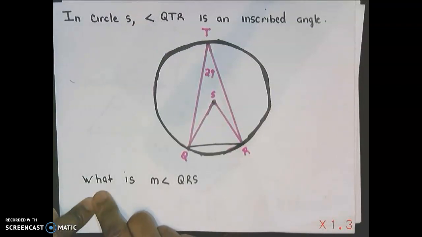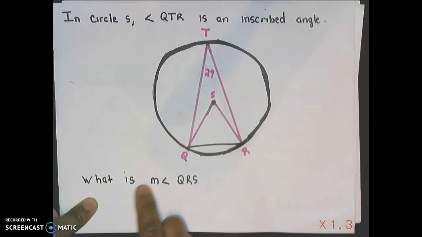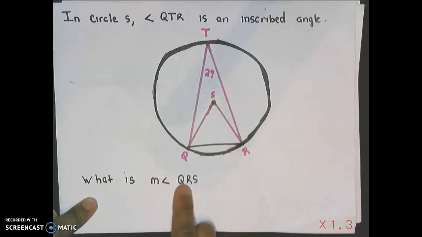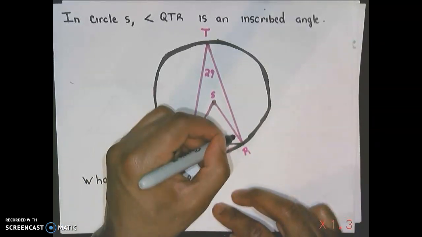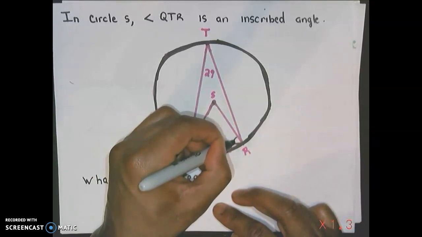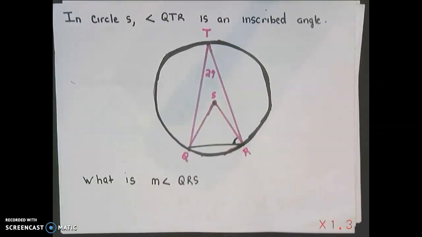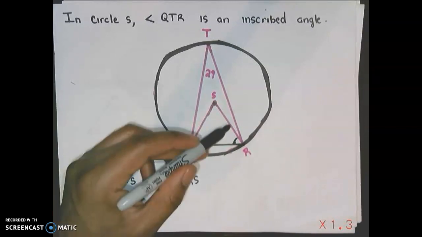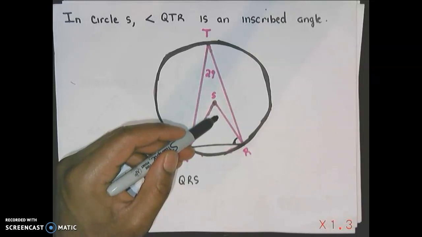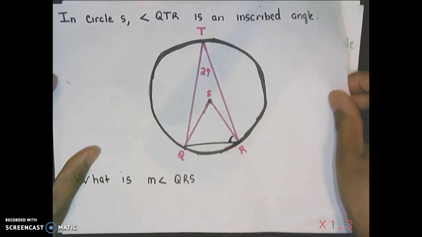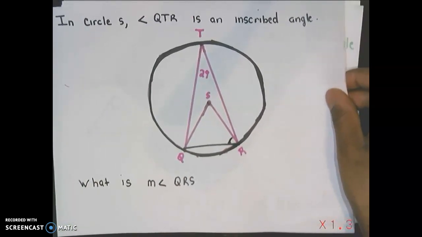This is asking what is the measurement of angle QRS. So basically, they want the measurement of this angle right here. All right, so in order to get the measurement of this angle, we need to find out what the central angle is. And so let's look at that work on the next page.